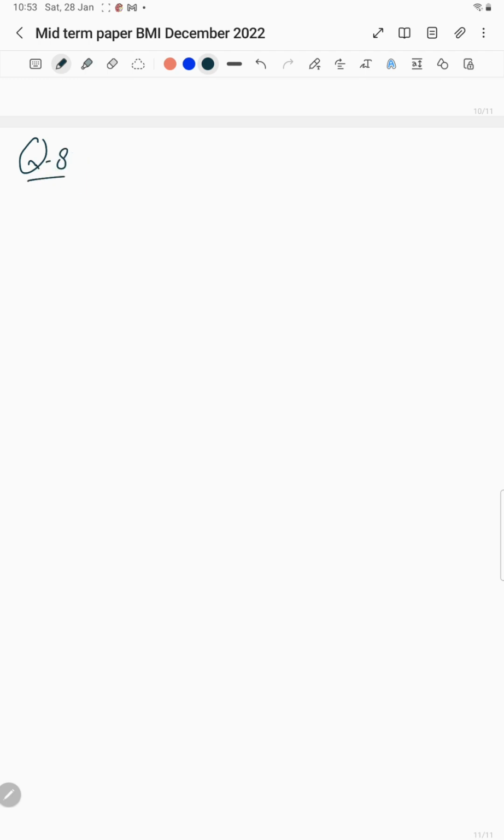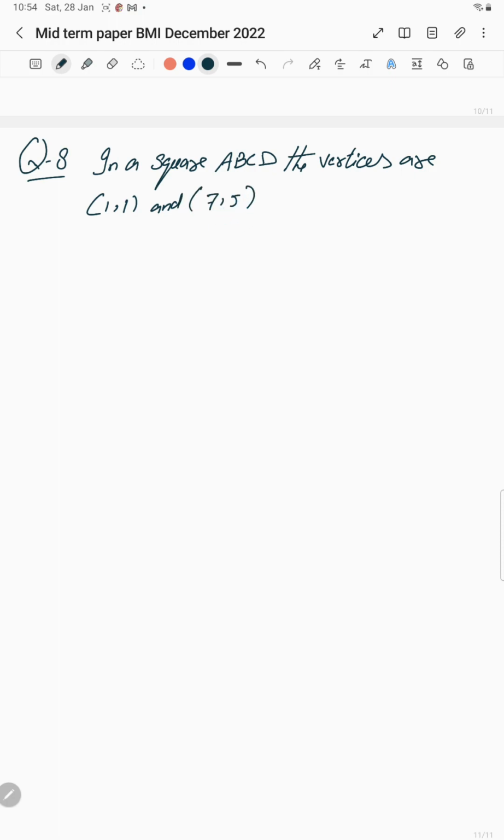Here the question is asked on a square ABCD. The vertices are (1, 1) and (7, 5), and they were A and C.